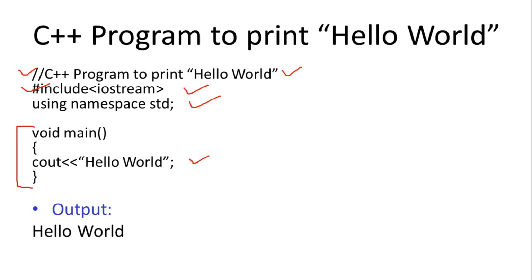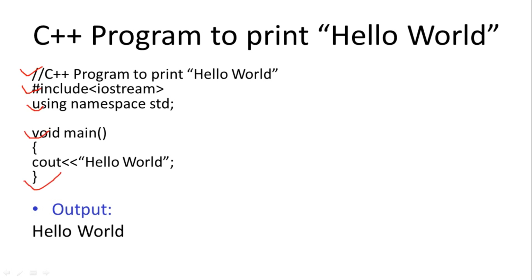So you have to remember that your aim will change, whether you are printing the message hello world, performing addition, finding the factorial of any number, or finding the result of any class. So for writing any program, these sections will be common: comment section, header files, namespaces, start of main, and end of main.